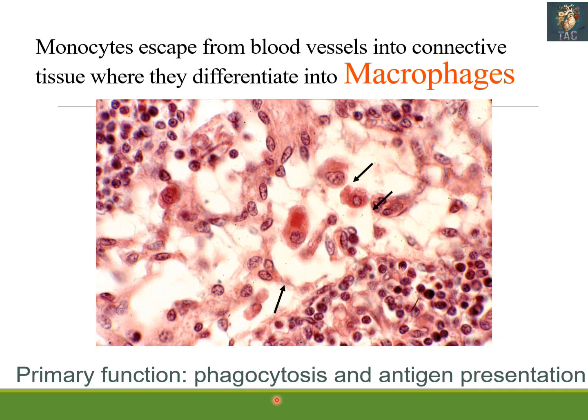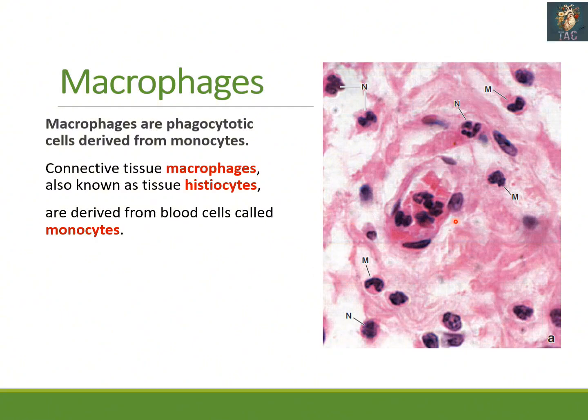Their primary function is phagocytosis and antigen presentation. So macrophages are phagocytic cells. Here you can see large macrophages, another macrophage and another macrophage, and in connective tissue these cells are given the name histiocytes. They are derived from the monocytes of the blood.